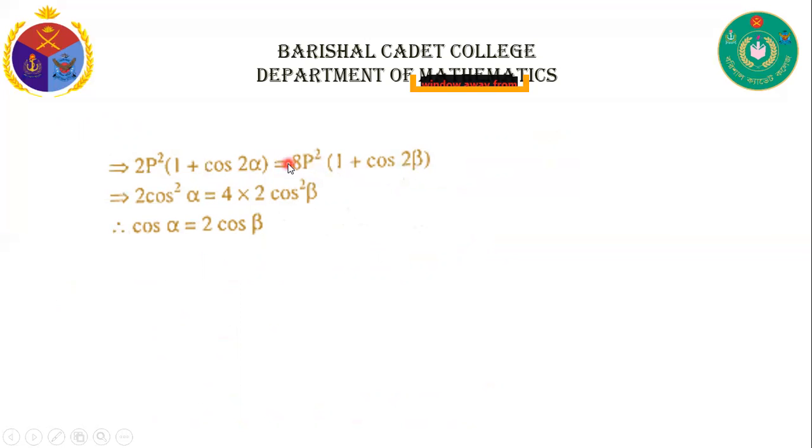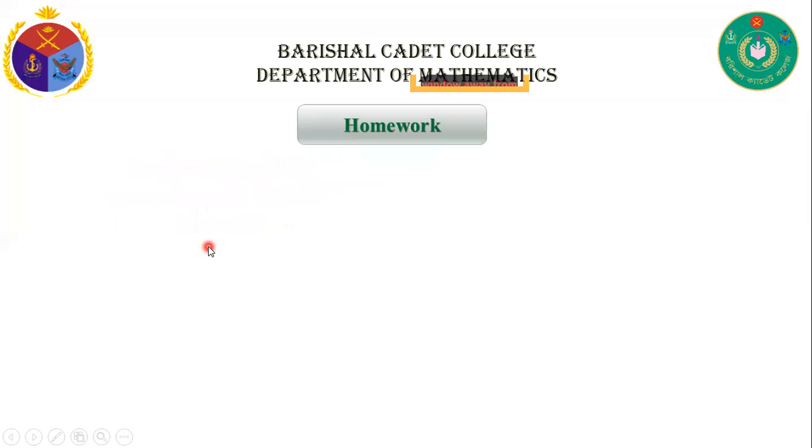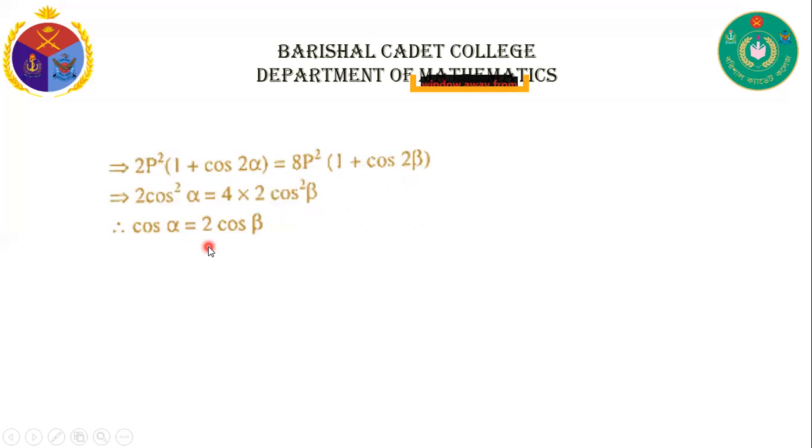And here 1 plus cos 2 alpha equals 2 cos square alpha, and 1 plus cos 2 beta equals 2 cos square beta, and therefore cos alpha equals 2 cos beta. Okay, that's all for today's discussion.